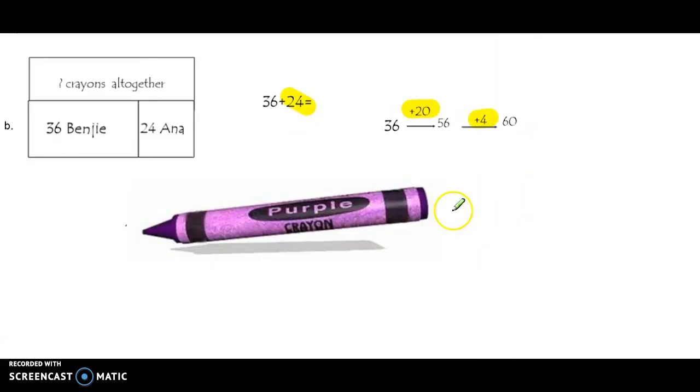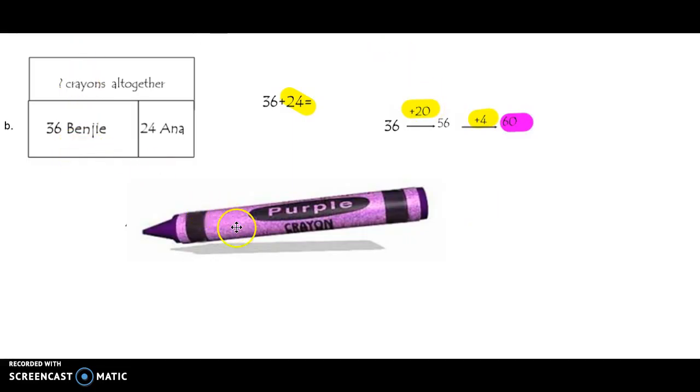So now I know that Benji and Anna have 60 crayons all together, because when I use the arrow way, 36 plus 20 plus 4 gives me 60.